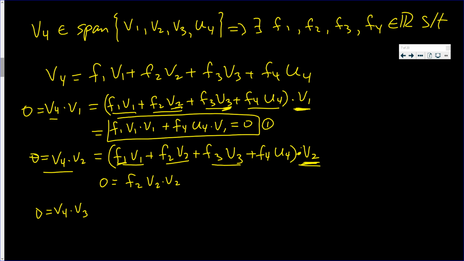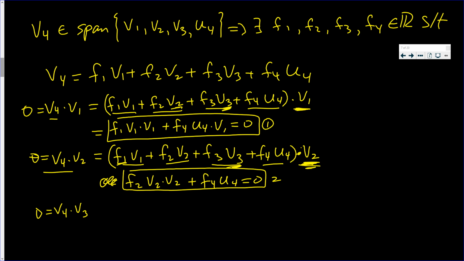This dotted with F3 V3 will be 0, because V3 dotted with V sub 2 we know is 0, plus this dotted with V2, F sub 4 U sub 4. This equals 0. Let us call this new equation 2. Here, V4, F1 V1 plus F2 V sub 2 plus F sub 3 V sub 3 plus F sub 4 U sub 4.